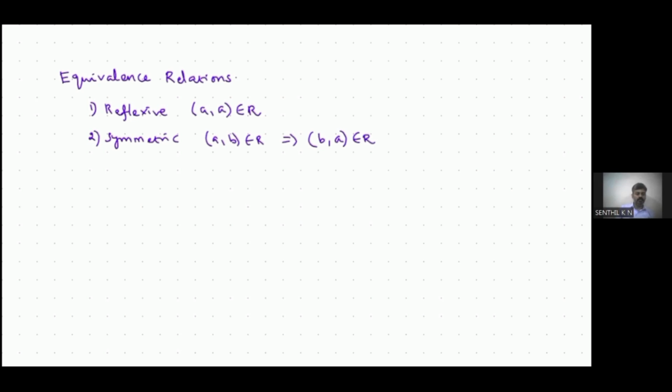And what about the third one? Transitive. Here, we have to consider two elements from R. Suppose the first element is (A, B) belonging to R, and we consider another element from R in the form (B, C) belonging to R. If both elements are present in R, we have to check whether the resultant element, (A, C), is in R or not.